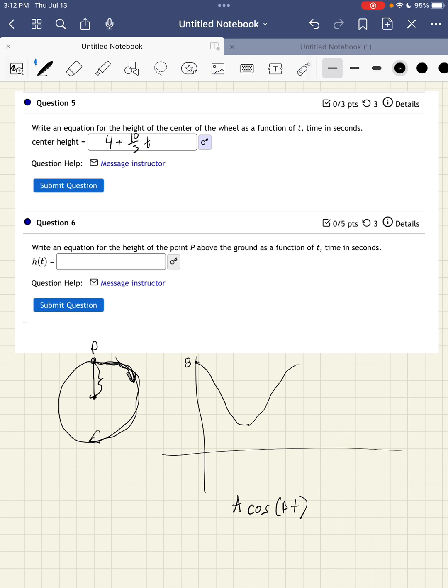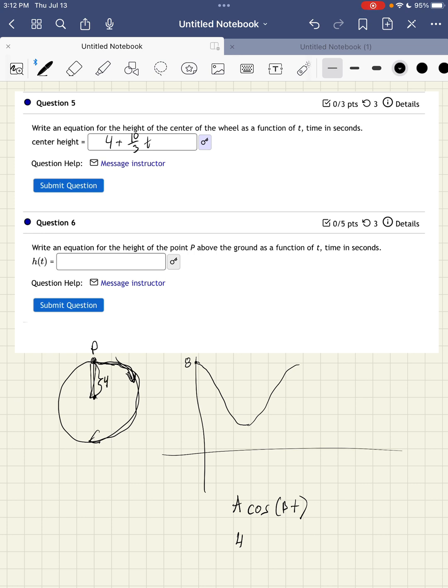So because this is a radius of 4, we know that the point on a terminal side of a circle with radius 4 is just 4 cosine. So our amplitude here is going to be 4, and that makes sense.